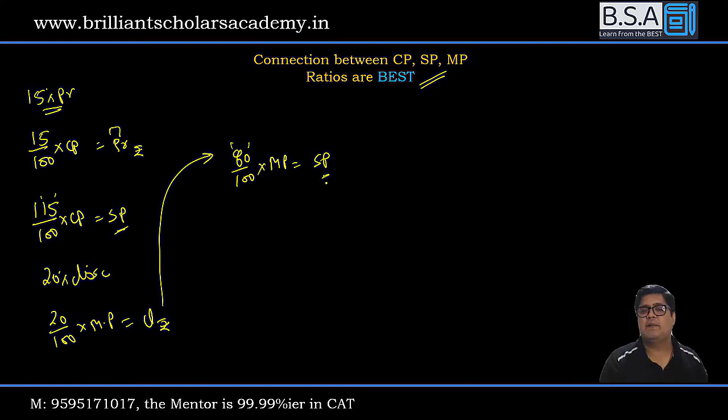Now I want you to observe one more thing. What is this formula for? C is equal to X plus Y plus XY by 100.